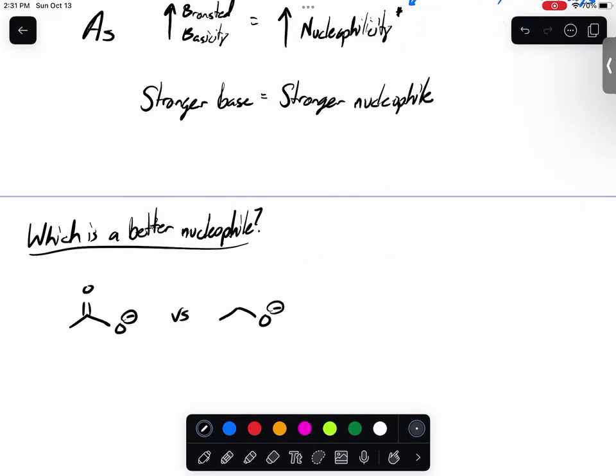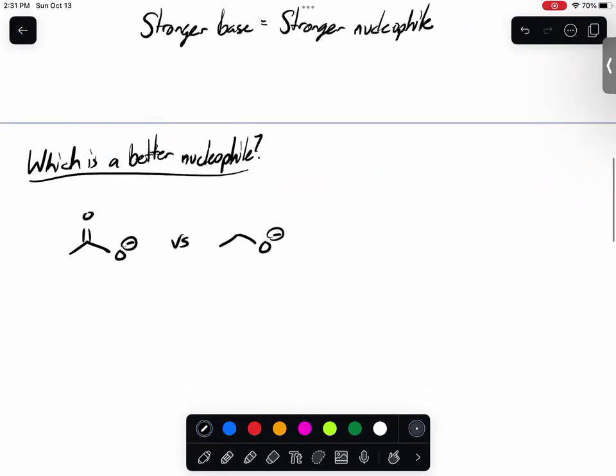Well, we know in terms of basicity that the alkoxide is more basic. This is because on this other side, the carboxylate is less basic due to resonance. There is less of a negative charge on that oxygen because it's being shared with the other oxygen there. So the fact that the negative charge is fully concentrated on the one oxygen means that it's more basic.